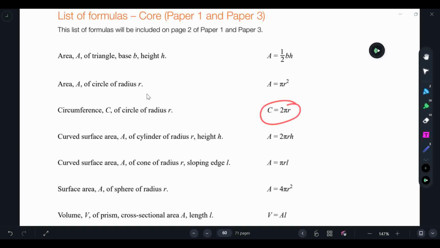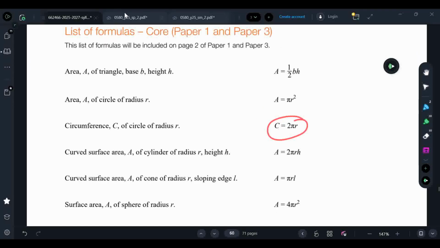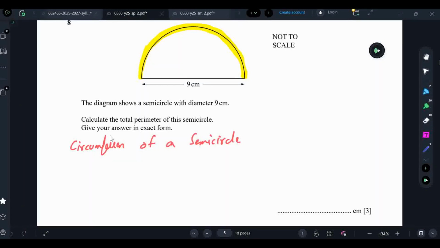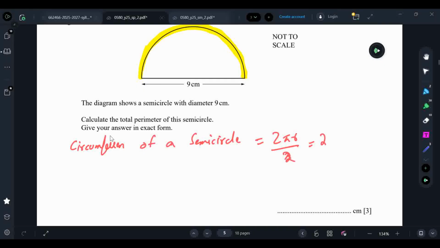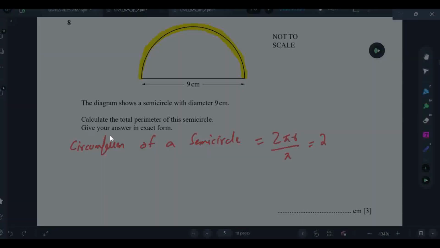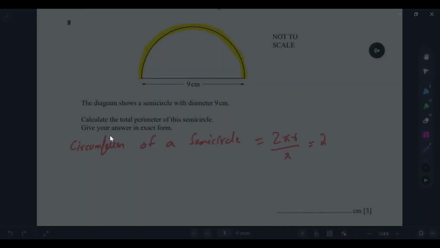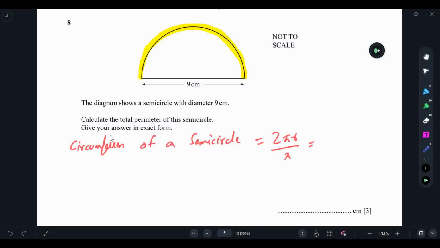So for a semicircle we need to divide it by 2, because we can see that this one is a half circle or a semicircle. So simply divide 2 pi r by 2. So this will be equals to pi r.